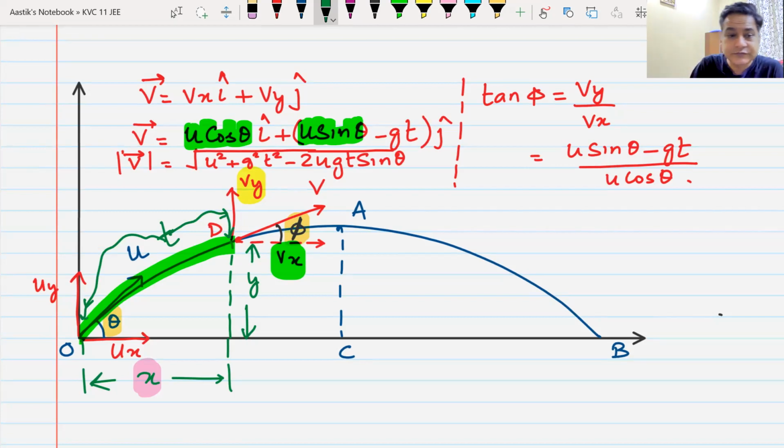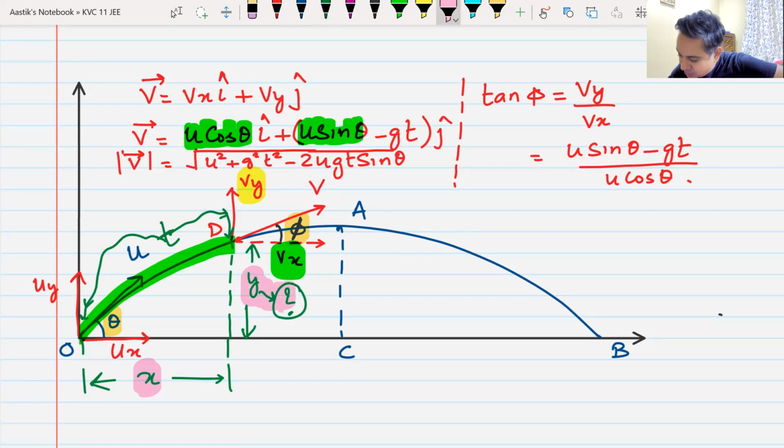X will be u cos theta into t. What about y? Y will be equal to? This y. U sin theta t, sir. This x is correct.